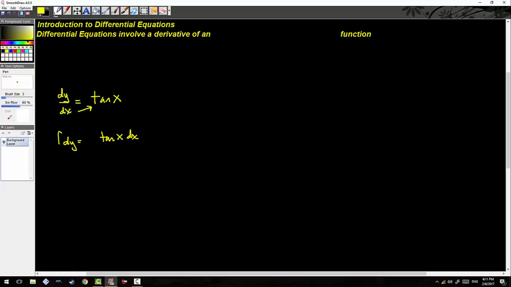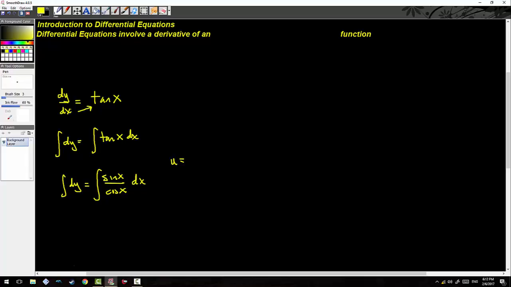And so if I integrate both sides here, well, I've got a little bit of a problem, because I'm not really sure exactly what the integral of tan is. So let's find out exactly what tangent is. Well, tangent is sine x over cos x dx, right? And so if I integrated that, I could use an old friend called good old u sub.